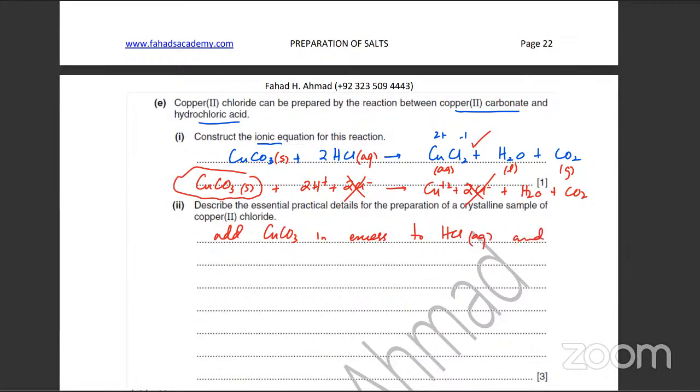And how would you know it's in excess? Because you keep adding until it remains undissolved, some is left over.